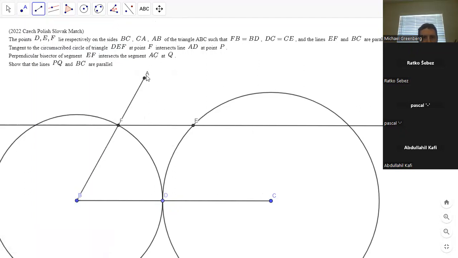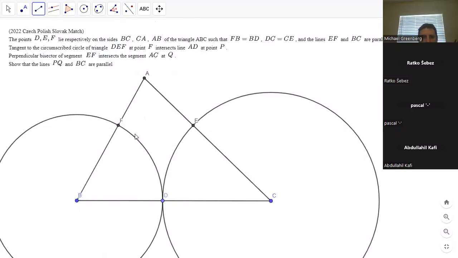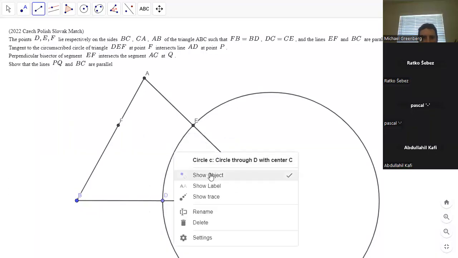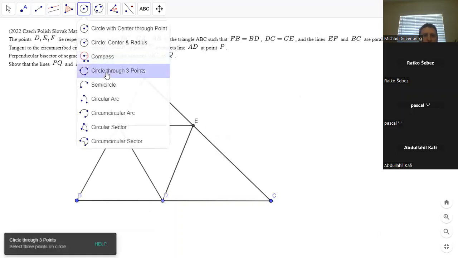All right, and then we draw the tangent to the circumcircle DEF. Okay, so I'll just remember that these are both isosceles triangles, and so we might be able to just draw the incenter, because the incenter of ABC would be the circumcenter of DEF.